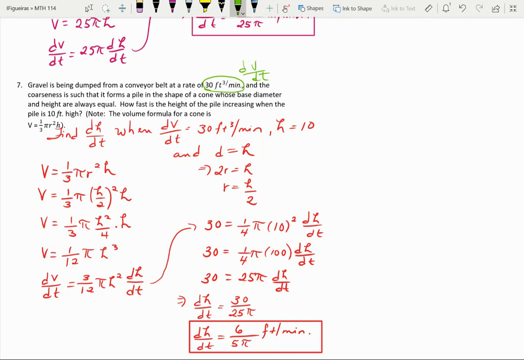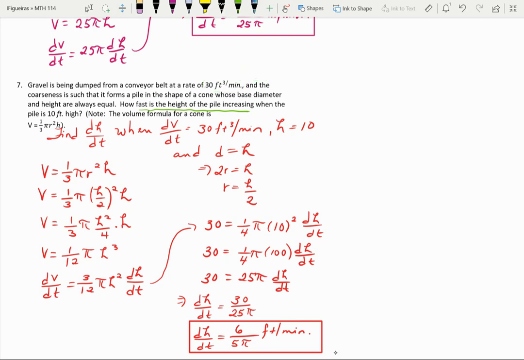And the coarseness is such that it forms a pile in the shape of a cone whose base diameter and height are always equal. That statement is important. How fast is the height of the pile increasing when the pile is 10 feet high? This statement right here tells you what you're looking for. We want to find dh/dt when your h is 10.